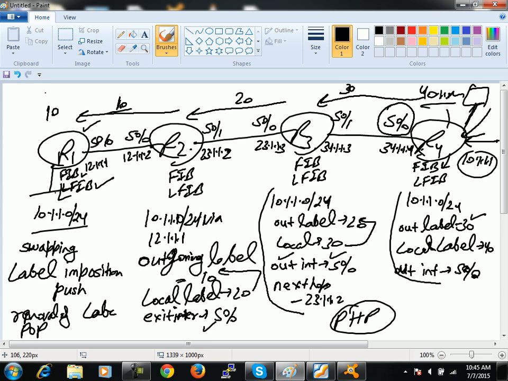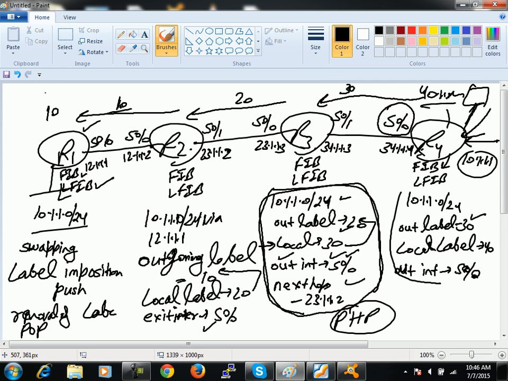No, see, these are the components of LFIB. This is your LFIB: prefix, outgoing label, local label, outgoing interface, and next hop address. Whereas FIB contains prefix, outgoing label, outgoing interface, and next hop address. But FIB does not contain a local label. That is why I am saying that FIB cannot perform swapping.